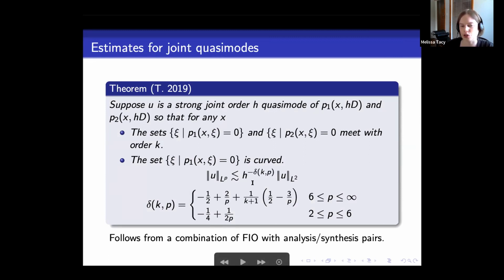Then your worst growth is for p between 2 and 6, it's given by minus a quarter plus 1 on 2p. And from p equals 6 to infinity, it's given by this function that depends on the contact order. And we know this is sharp because we already have the examples that show it is sharp. And it follows just from a combination of Fourier integral operators with the analysis synthesis pairs.